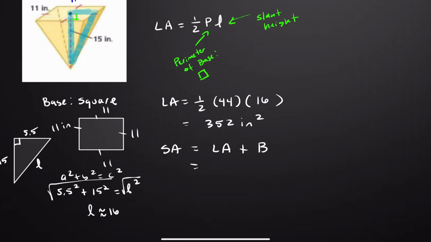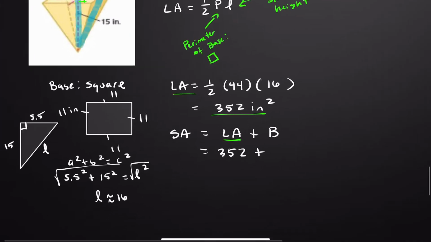The lateral area is 352. And the area of the base, well, it's a square, right? So the area of the base is side squared, because we're dealing with a square here, so it's s squared, or you can say base times height, it doesn't matter. And 11 squared is going to be 121. So plus 121.